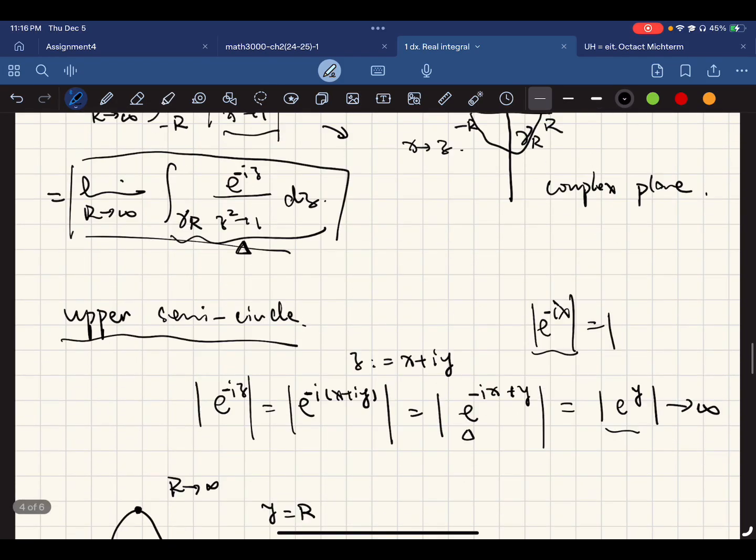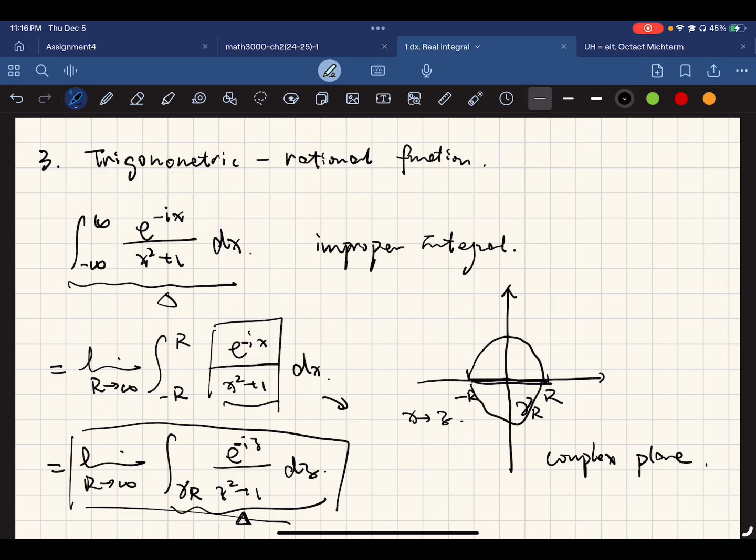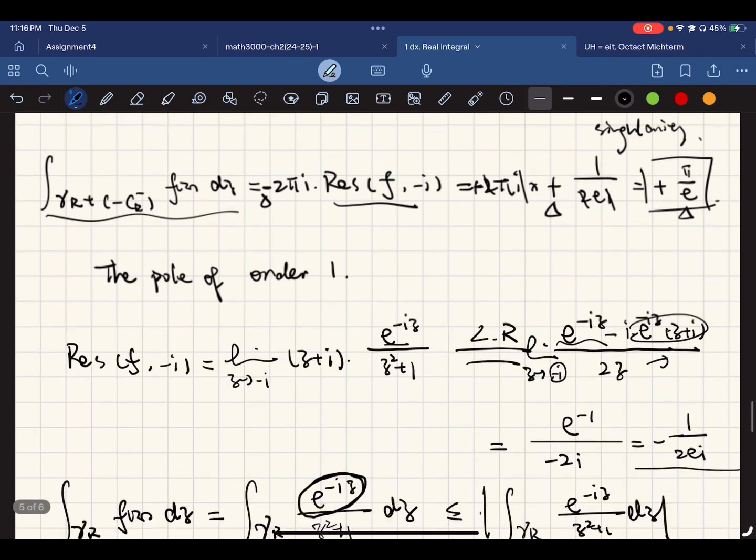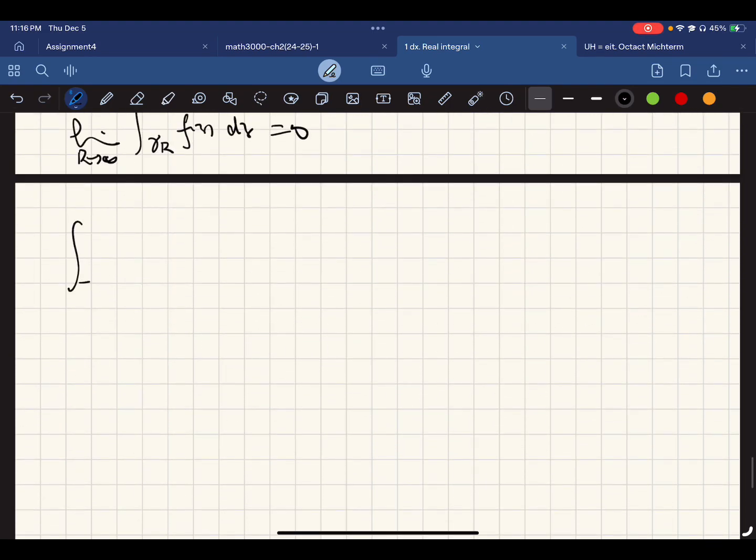Okay, so hence we can get the answer. Let me check. Yeah, this integral, from negative infinity to positive infinity of the real integral over x squared plus 1 dx. We transform it into a contour, or complex, integral.